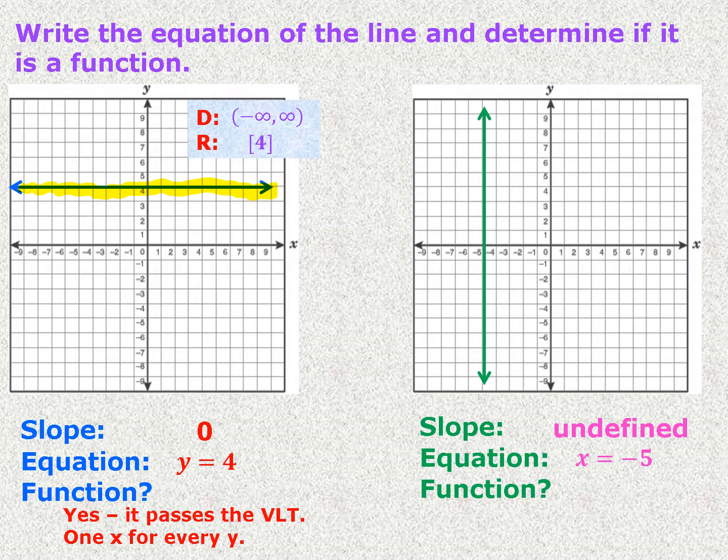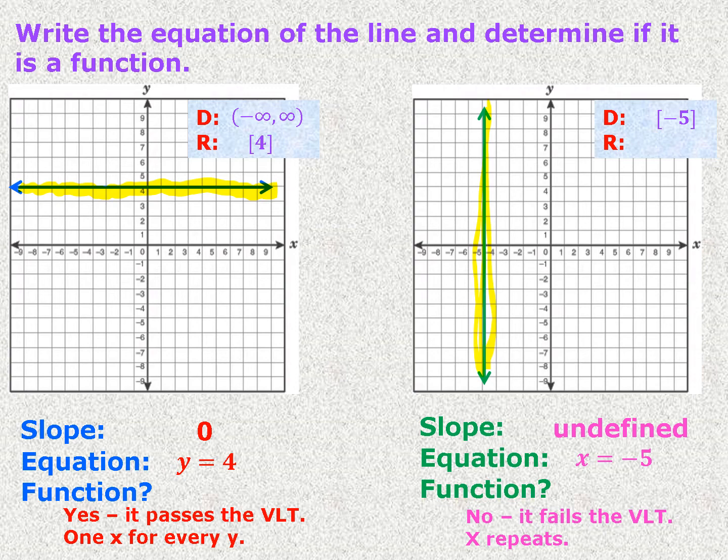Is it a function though? The answer is no, because it fails the vertical line test, since it is in and of itself a vertical line. But let's talk about the domain. If I'm looking at this, I only have one x, and that x is -5.